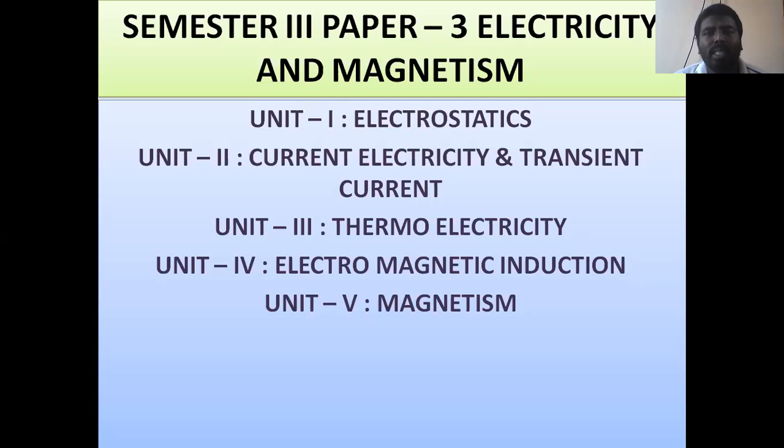By seeing this topic alone, we can say that it's a combination of two things, electricity and magnetism. So we are going to see electricity and magnetism separately.